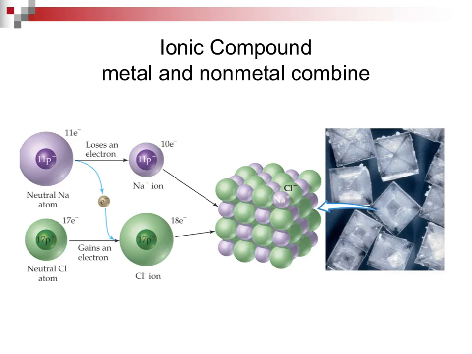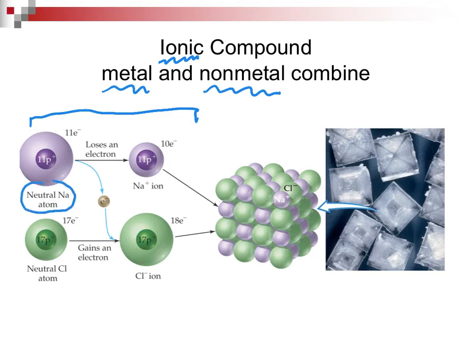Now, I repeated it because this is why you're taking this course. There are materials that are ionic compounds, where a metal and a nonmetal combine, and that's really what we had on the previous chart. The neutral sodium atom, I'm going to circle it, is going to lose an electron and become a sodium ion.